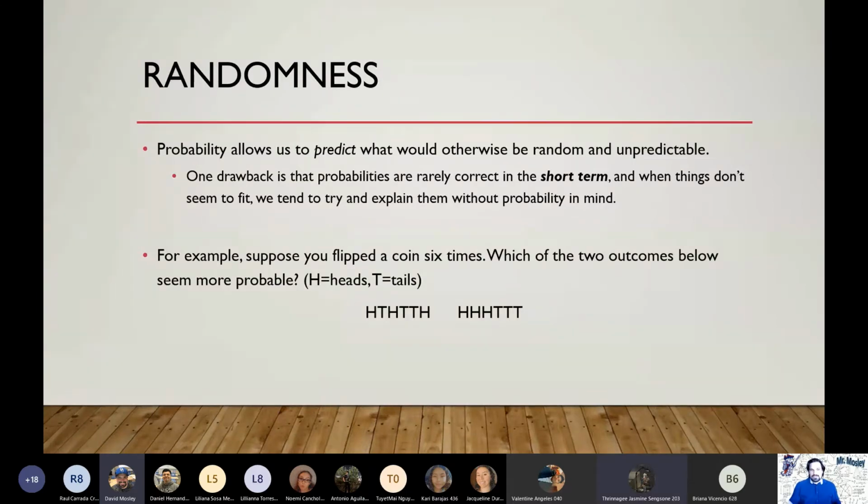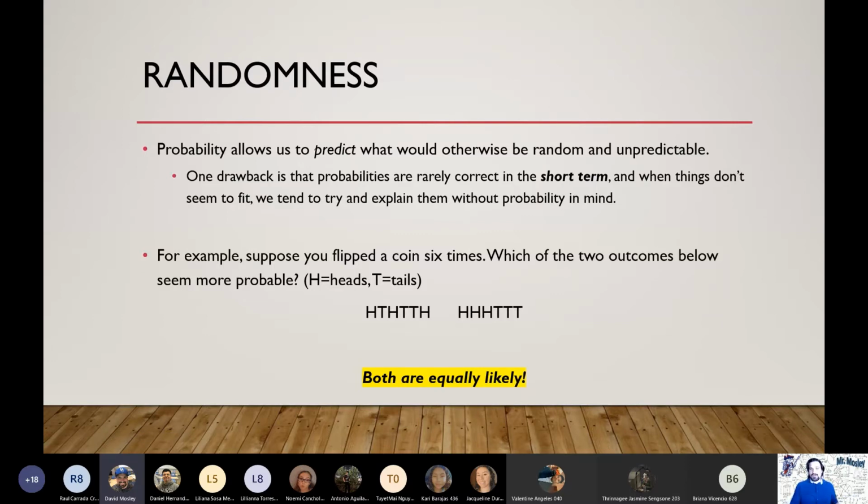Probability doesn't care about order, right? Both of these outcomes are equally likely if we don't care about the order. There are circumstances where you will, I don't know if it happens in this class or not, but when I took probability in college, you had to consider order in some of the problems. In this case, we're just thinking about which one of these two scenarios is more likely without order coming into play.